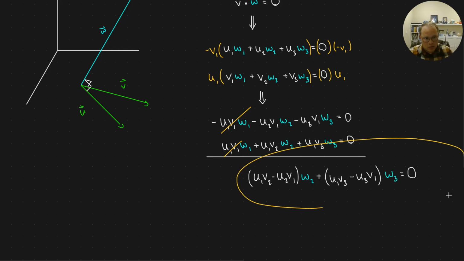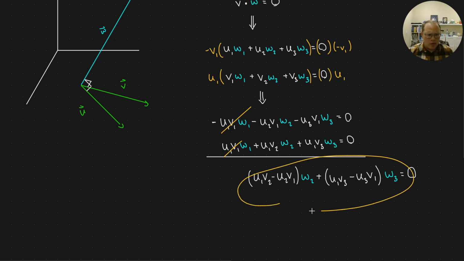So notice we've reduced the number of equations, but we've also reduced the number of variables. Lower complexity. But we still have only one equation and two variables.